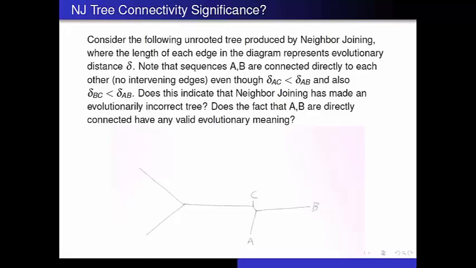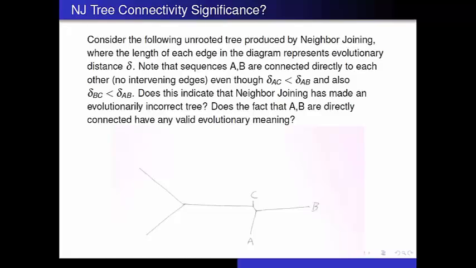That is to say, for any group of 4 sequences, under the additive distance assumption, if you take the 3 possible pairings of the sequences and you sum the distances of the pairs, 2 of those pairings should be equal, basically because they sum up the same set of edges, and the third possible pairing must have a smaller sum of distances than the other two.